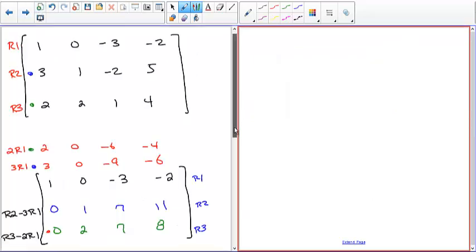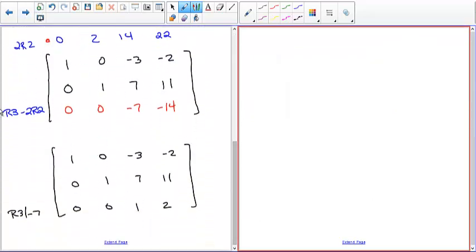Okay, so the equivalent equations here are x minus 3z equals negative 2, y plus 7z equals 11, and z equals 2. So that's the equations relating to this augmented matrix.